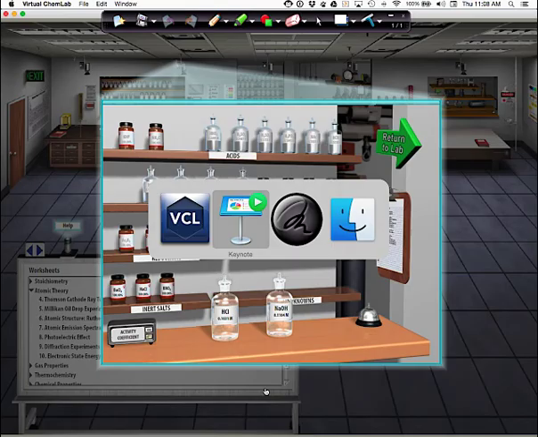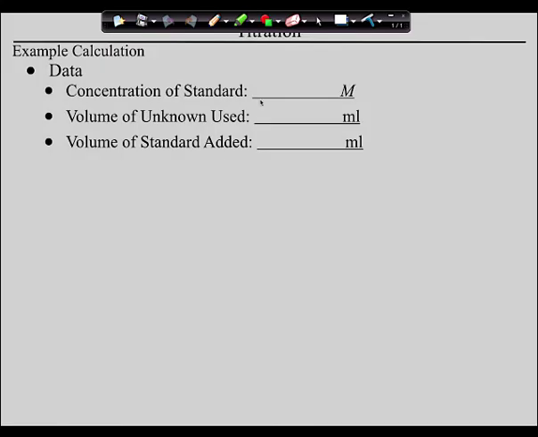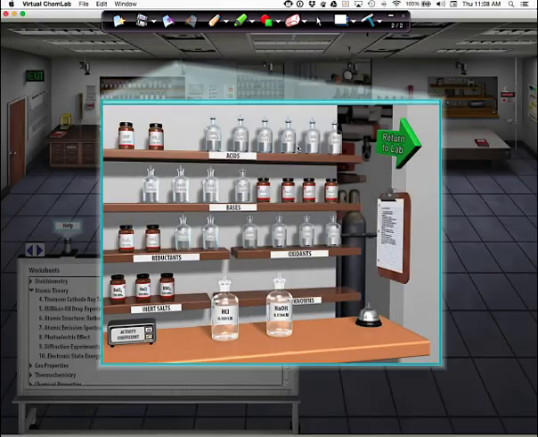So now go over to your data chart and we are going to record that concentration. It is 0.1104 molar. Okay, so now clear this, go here, skip over to this.